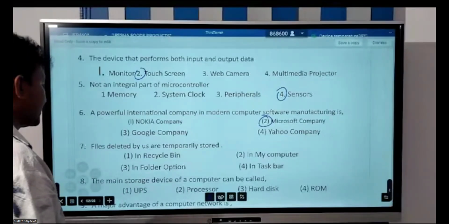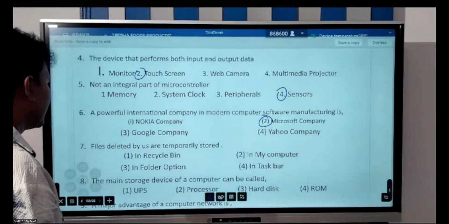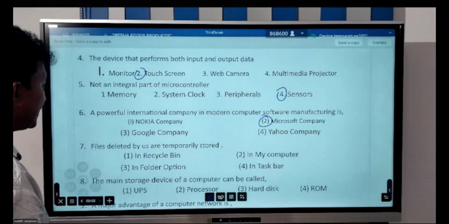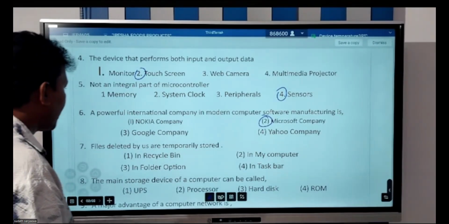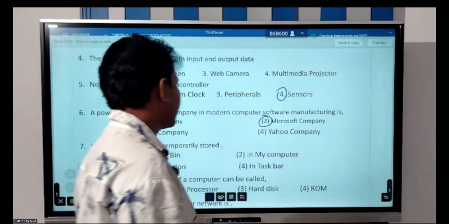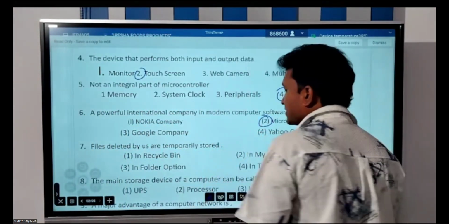Files deleted by us are temporarily stored where? Normally when we delete some files in our computer, they are temporarily stored in the recycle bin.